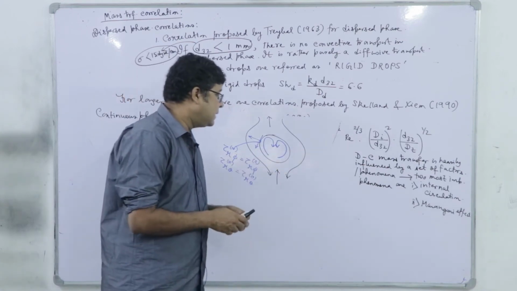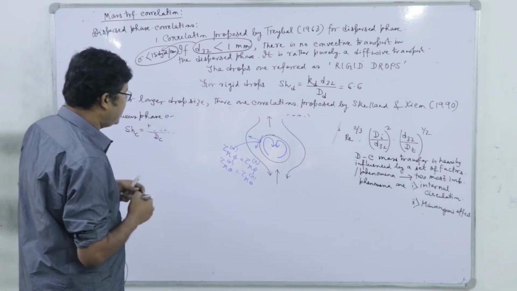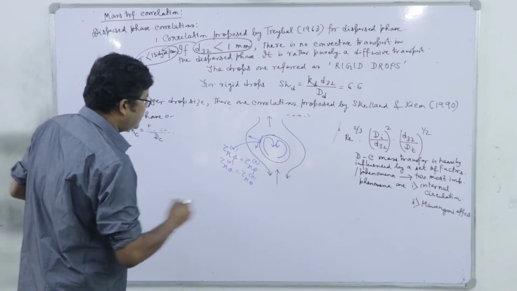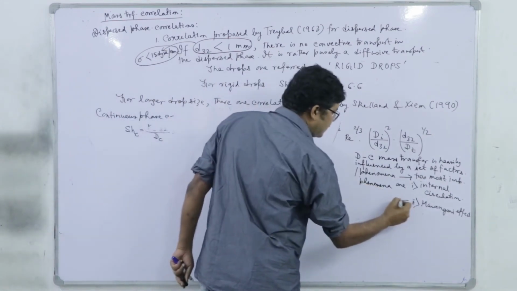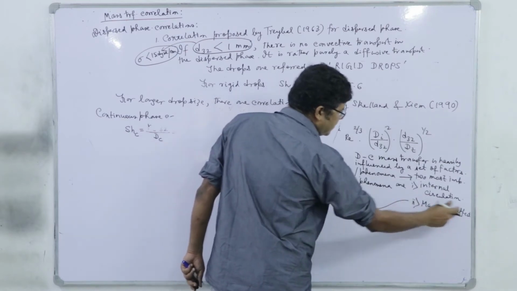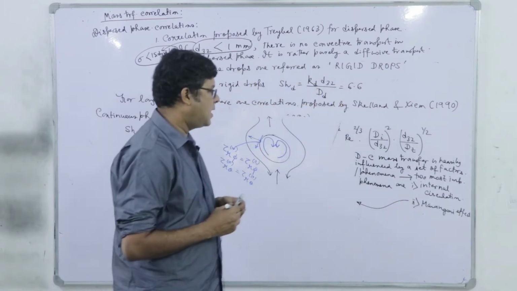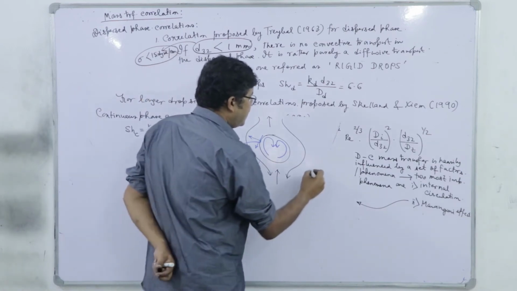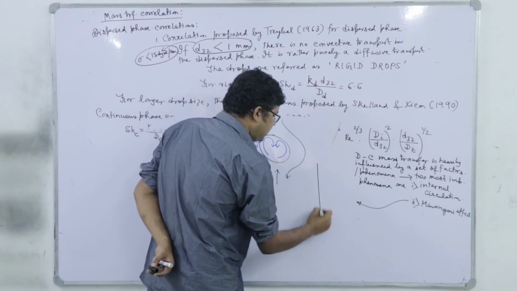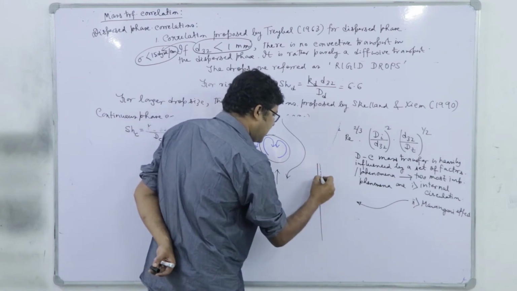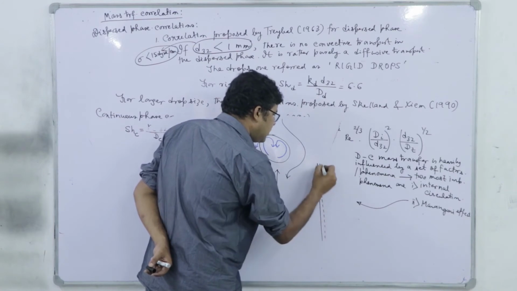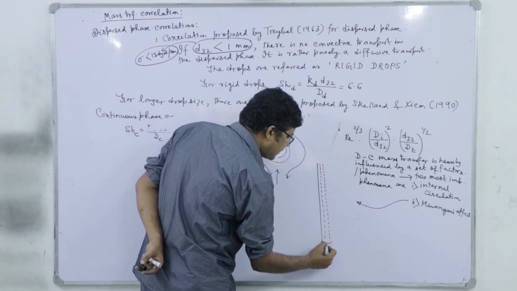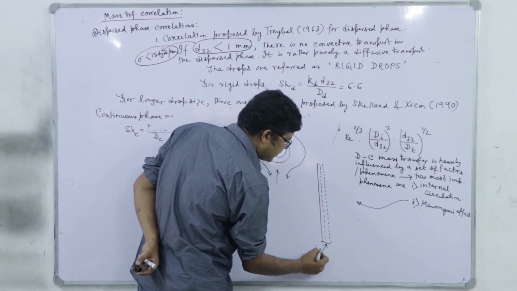Now on the other hand, we have a solute being transported from dispersed to continuous or vice versa. As a consequence, we may have the effect which was originally proposed by Marangoni, called the Marangoni effect. What is it? If this is the interface, we have to understand that the interface is 2 to 3 atoms thick, so this is the interface on the molecular scale.